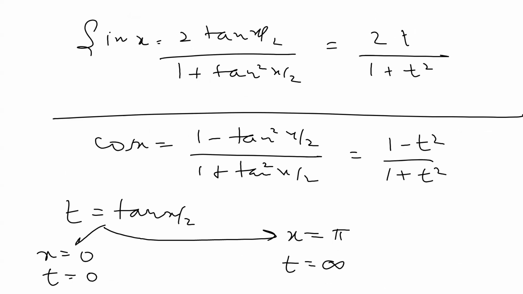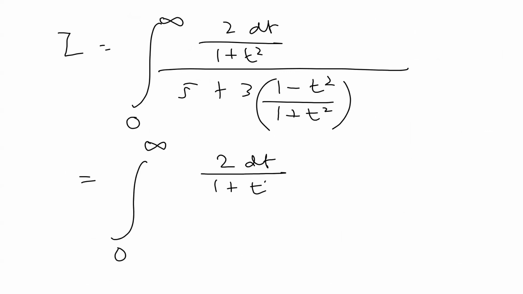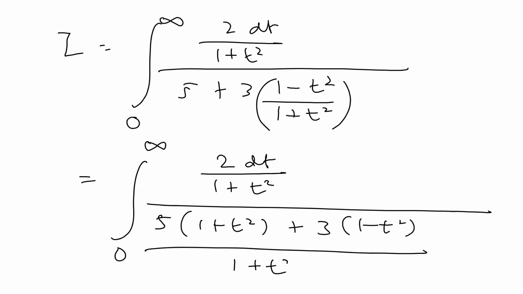So this will be 0 to not defined. 2 dt, 1 plus t square. 5 down in the denominator, I'm taking LCM. So this got cancelled. 2 will go outside.